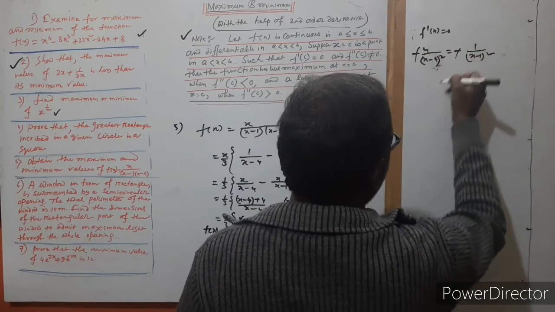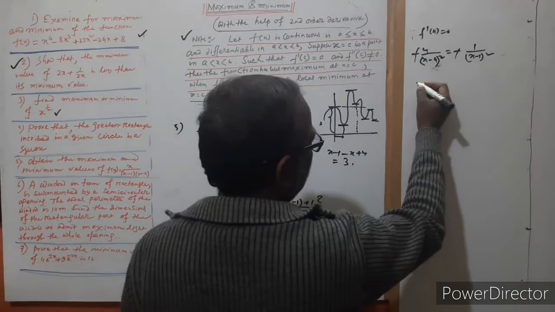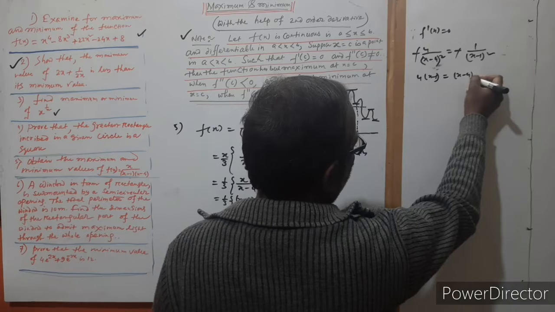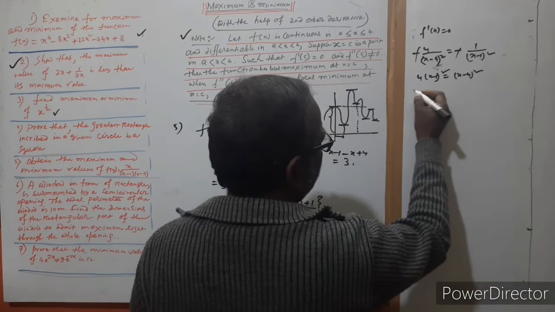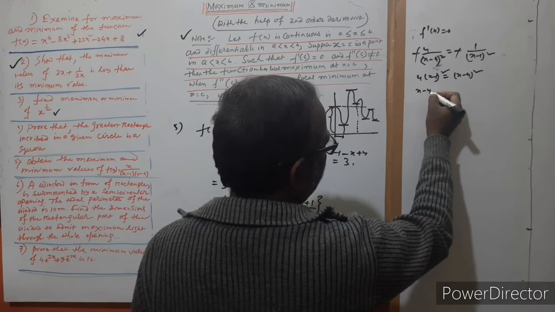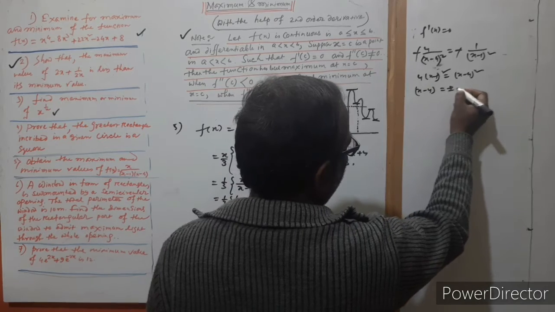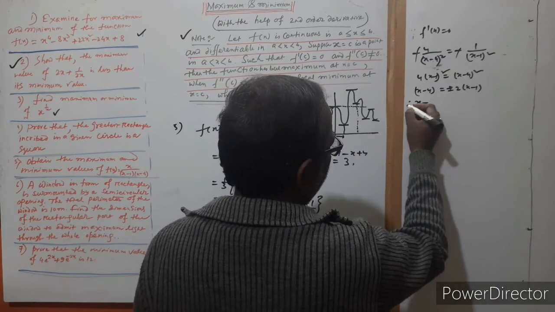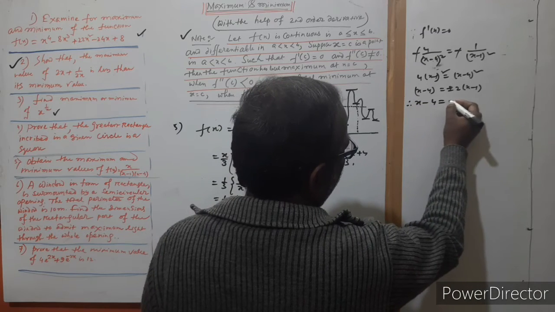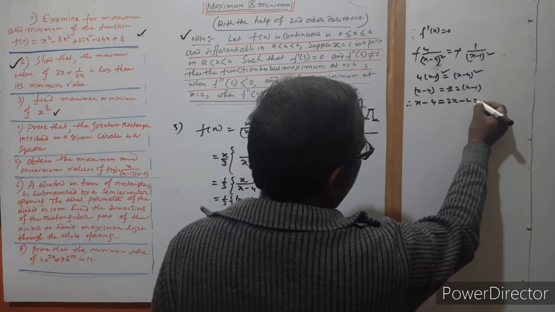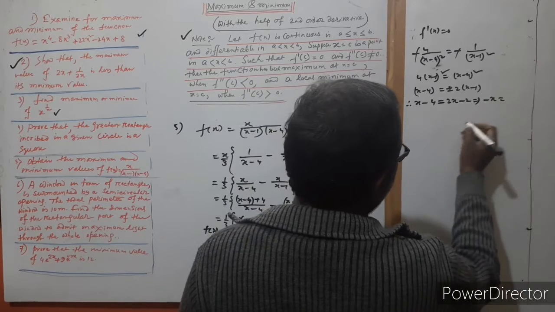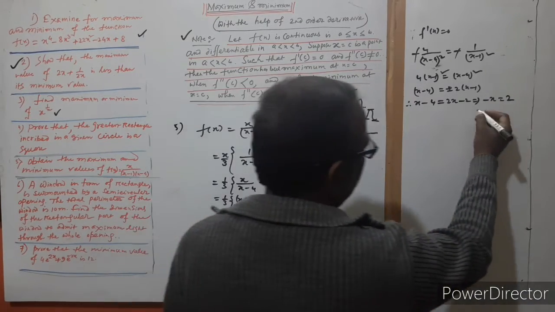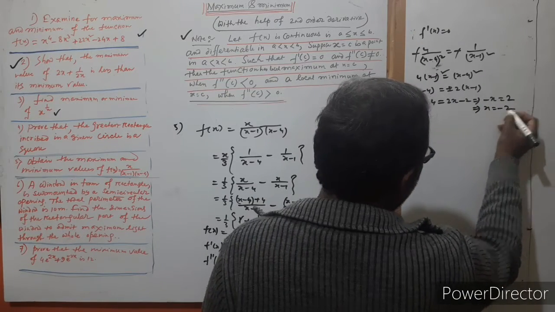These cancel, so 4 into (x minus 1) whole square equals (x minus 4) whole square. Taking the square root, x minus 4 equals plus or minus 2 into (x minus 1). Taking the positive, x minus 4 equals 2x minus 2. So minus x equals 2, which implies x equals minus 2.